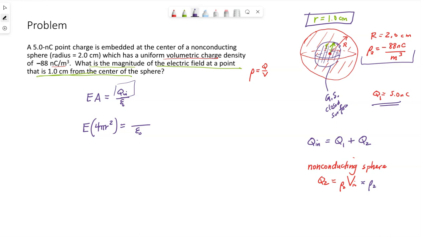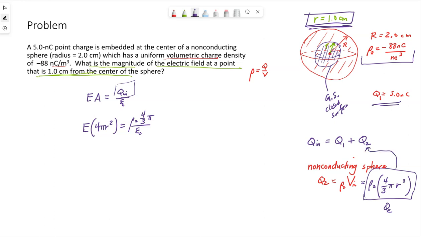V2 or V enclosed represents the volume of this Gaussian surface, with radius of 1 centimeter. This is what I want to put in for my Q enclosed in Gauss's law. Oh, wait, not completely. Sorry. This is my Q2.